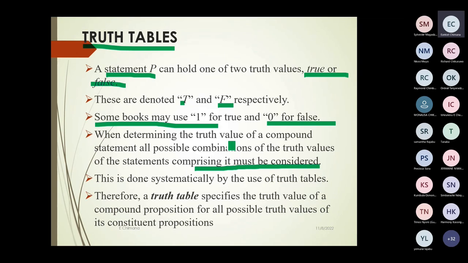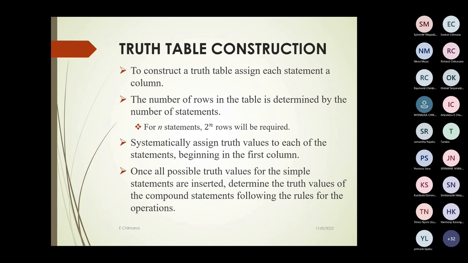So if it is a compound statement, you need the truth values for each and every simple statement, and then you join them as you go so that you can formulate the result. This is done systematically by the use of truth tables. Therefore, a truth table specifies the truth value of a compound proposition for all possible truth values of its constituent propositions.